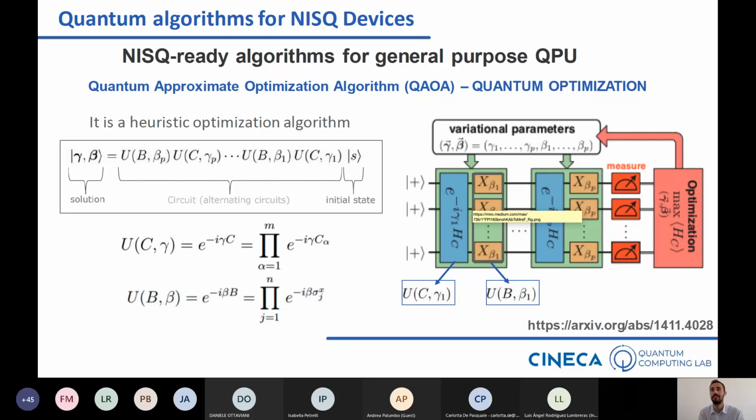In theory, if you put enough of them, you get arbitrarily close to the optimal, but it also depends on the hardware. You cannot put thousands of these layers, because then you get outside of the possibility of the quantum hardware. So basically, you try with the number of layers that you're confident your machine can handle. This is a more practical thing.